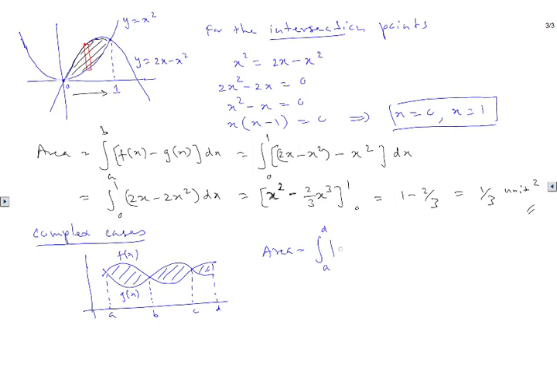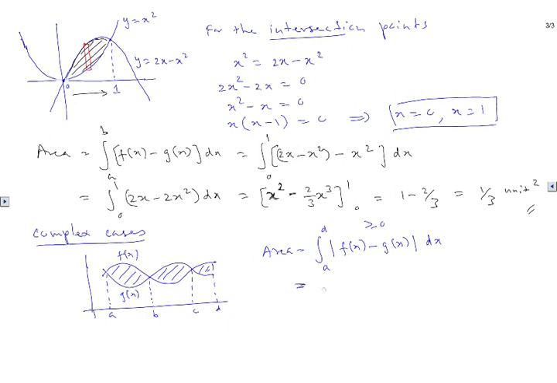Now you have to use the absolute value, the absolute value of f(x) minus g(x) dx, to make sure you get a positive answer. We used this kind of problem earlier with the net change formula to find the area or the distance, so it's the same thing.